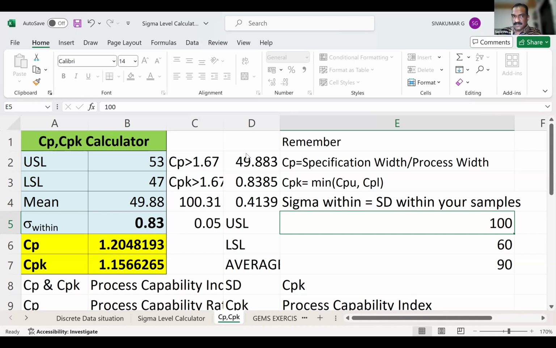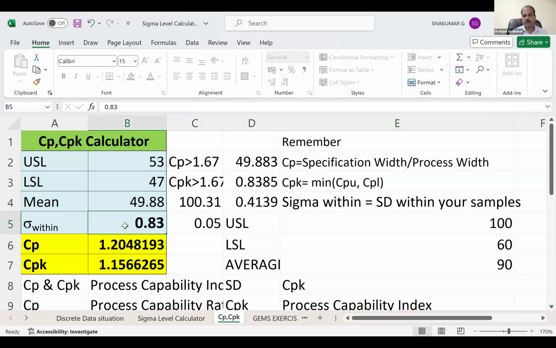Yes. Even though you picked up all 20 samples simultaneously, at the same time, there will still be variation. That variation is known as within variation. You calculate the standard deviation using the sample data, which is known as within sample standard deviation, right? And that should be used here, 0.83.